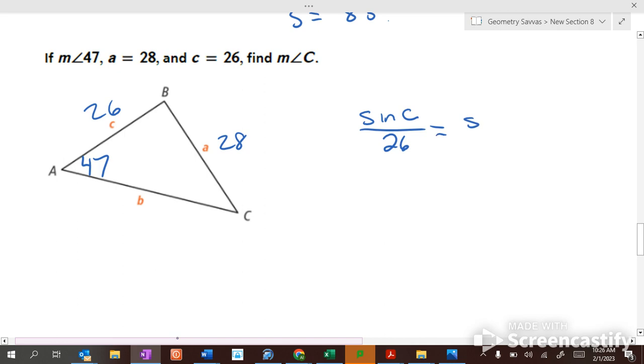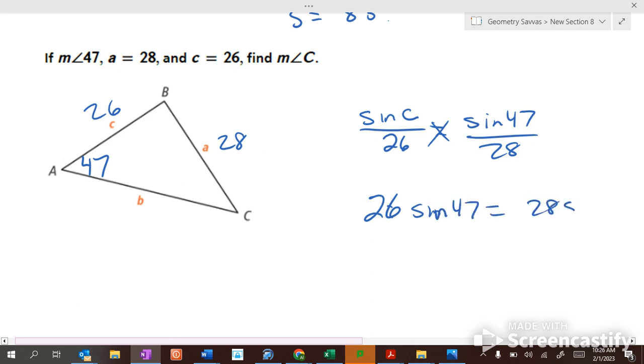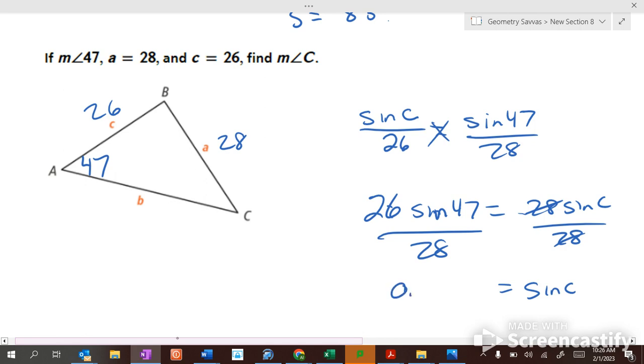equals the sine of my angle over its opposite side. Cross multiply. 26 times the sine of 47 equals 28 sine of C, and divide by 28. So 26 sine of 47, press equals, divided by 28.